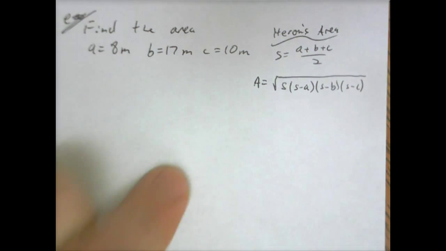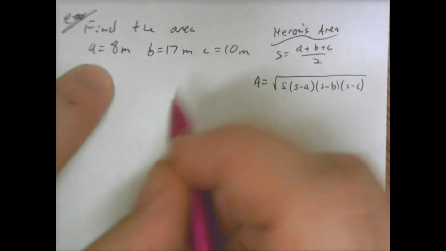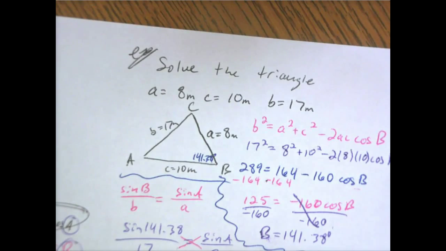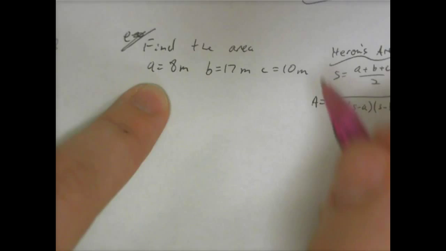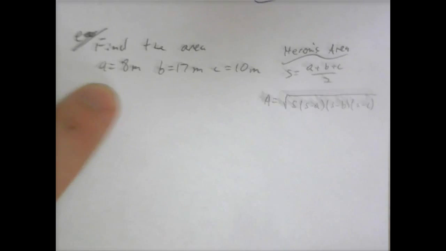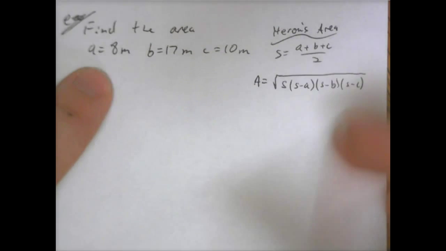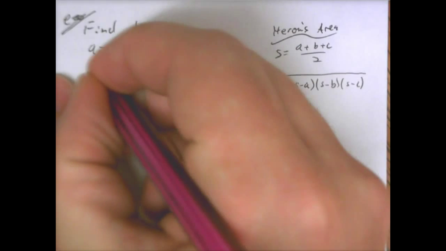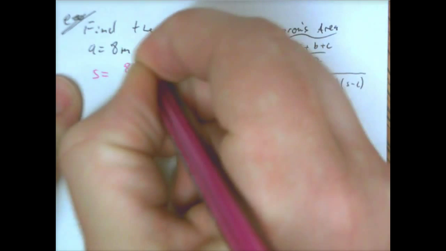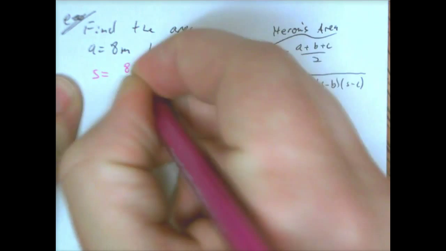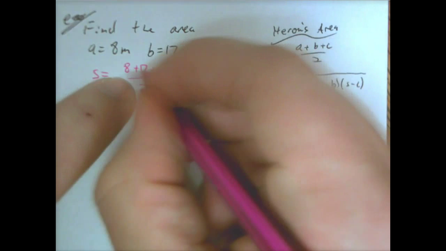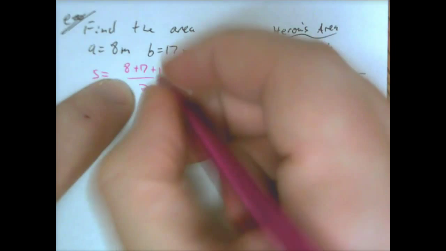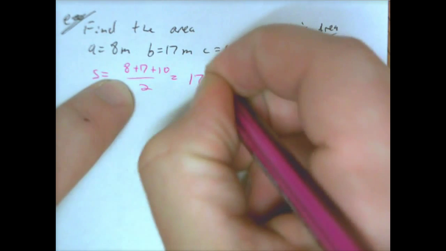Okay, so if we do it that way for this one, notice this is the same triangle that we had in the last one. 8, 10, 17, so I know all the angles and all that stuff are going to come out the same. But if I find the semi-perimeter, I have 8 plus 17 plus 10 divided by 2. That is 25 plus 10 is 35. Half of it is 17.5.